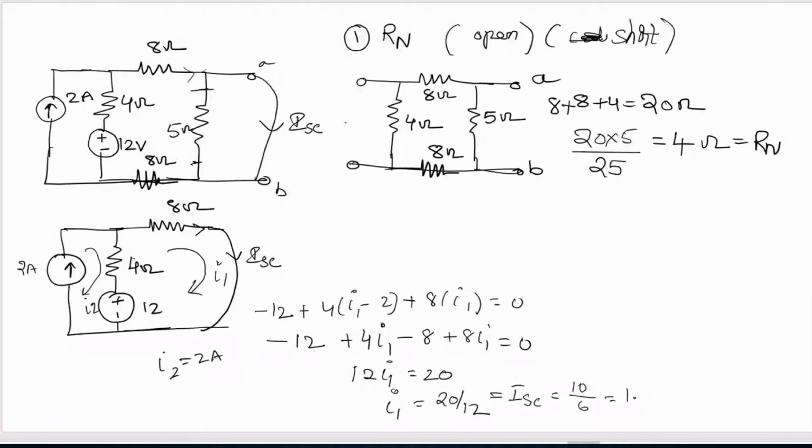So across A and B, now you have found the Norton equivalent circuit. So this is your Norton circuit.